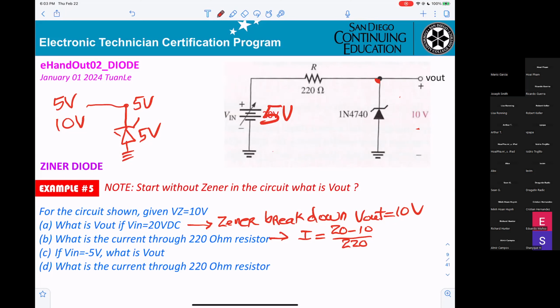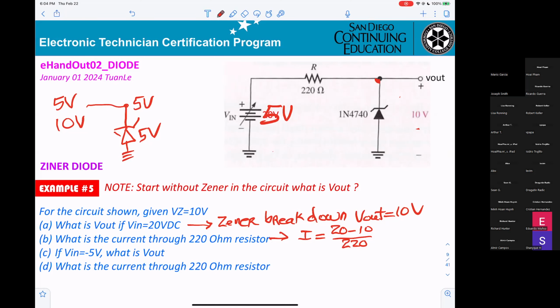The question is, what is V out? Should be, well, if the diode is 10, so it should be 5, right?